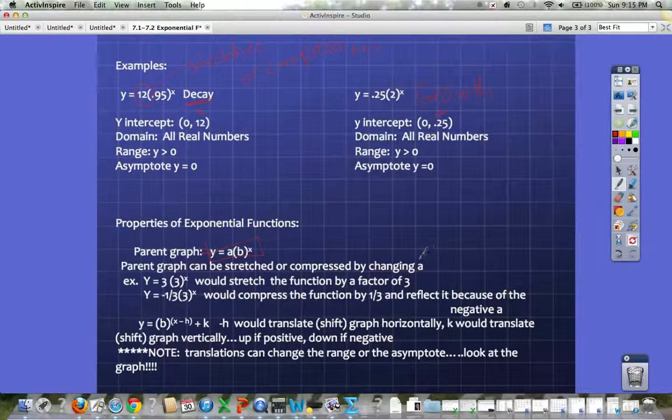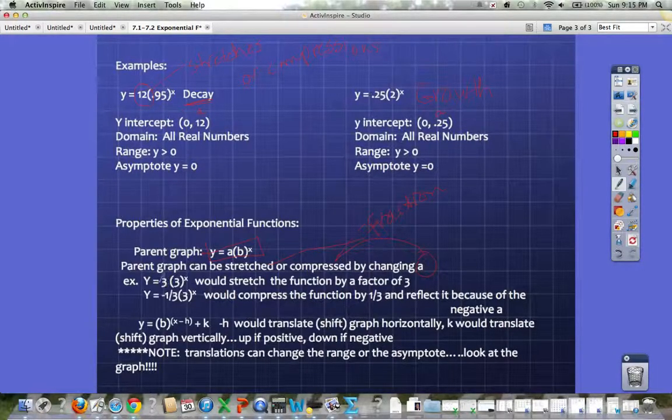So changing a makes it either compressed or stretched. So remember, compressed is going to be a fraction. So compression is a fraction. Okay, and then the stretch would be a whole number bigger than 1. You know, and now if you had a negative a, that would give you a reflection.